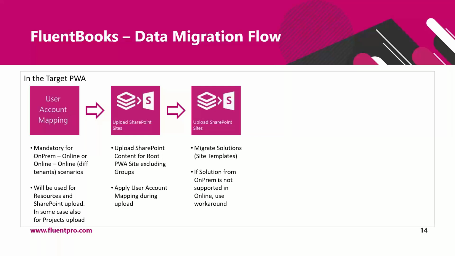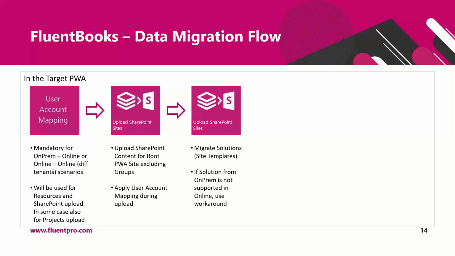The next step is to migrate solutions, or they are also called site templates. Quite often, if you're migrating from the old on-premises version of Project Server to Project Online, you may see that your site templates are not supported in Project Online.